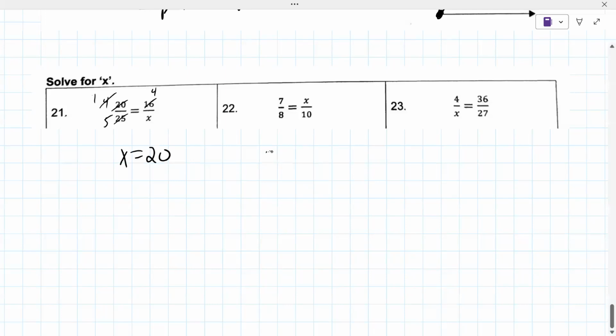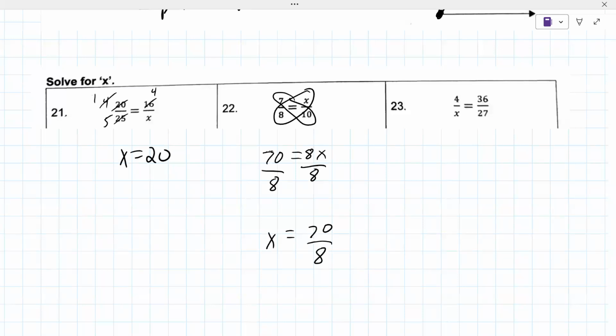Did you multiply 7 times 10? And dividing by, I guess, 8, it got too complicated. So I could have done that.